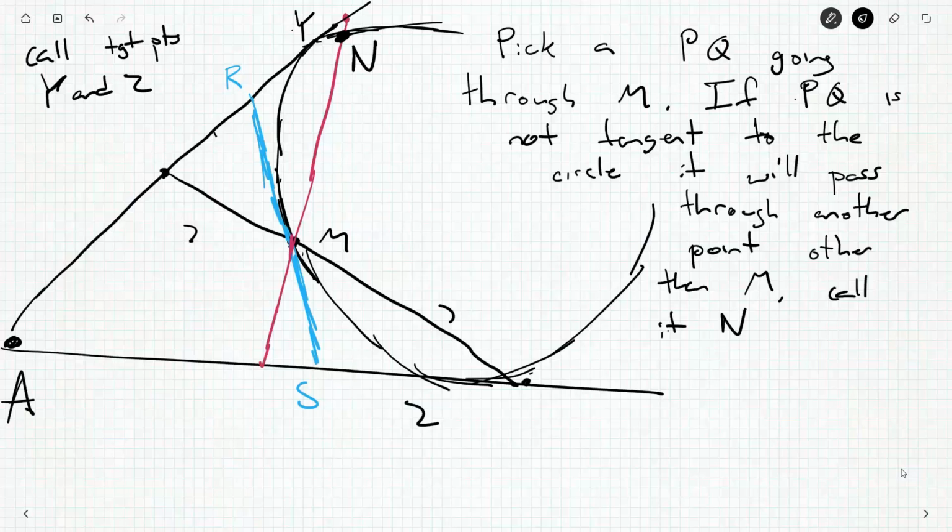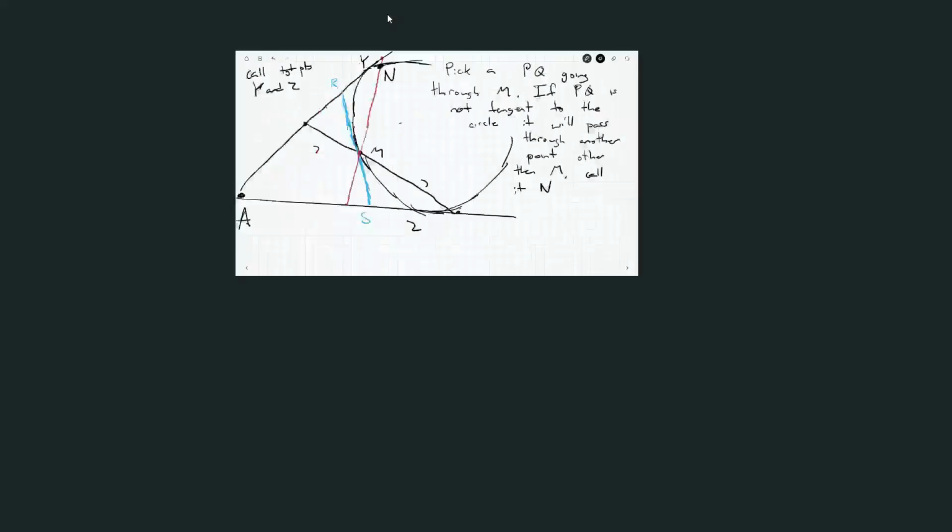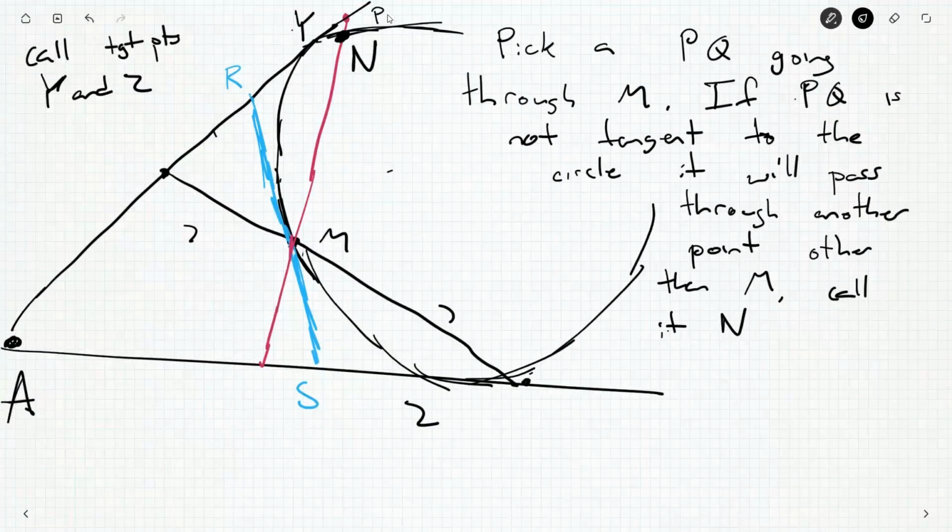So it's the fact that we have this extra point N that matters, or at least I hope that's what matters. So there's P and Q. I probably shouldn't draw my pictures so close to the top. I can't for the life of me figure out what exactly I would do.